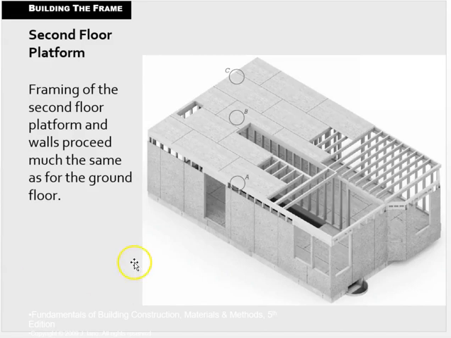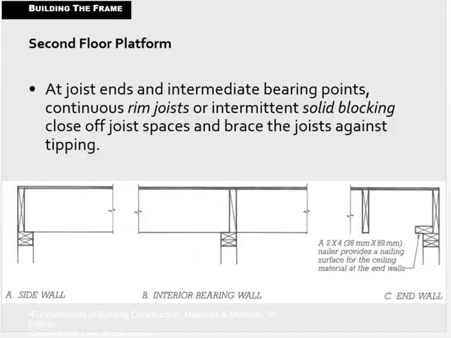Getting back to this diagram, now we have our walls up and we're putting our second platform on, which is essentially a duplication of the first one. I mean, it could change, but it typically doesn't need to, in general, I would say. And continuing up, here we are.